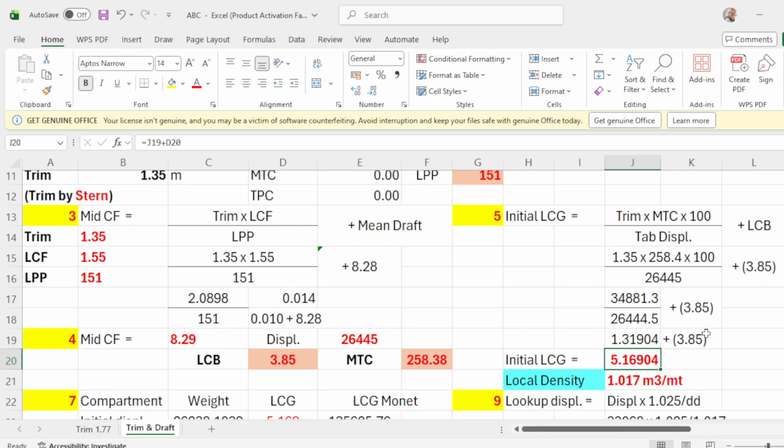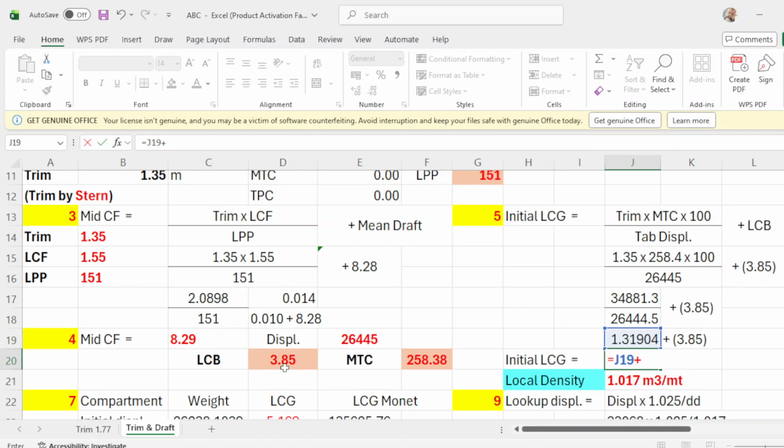That will be 1.31904. You add this with your LCB, equals, click this one, plus your LCB.